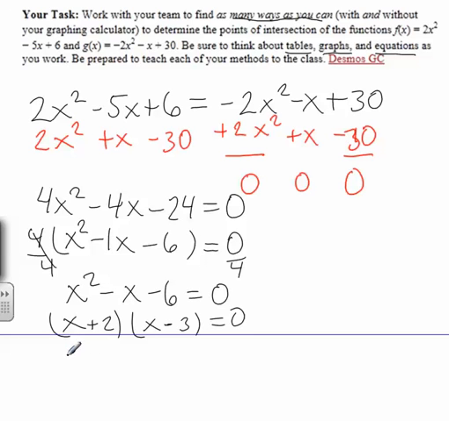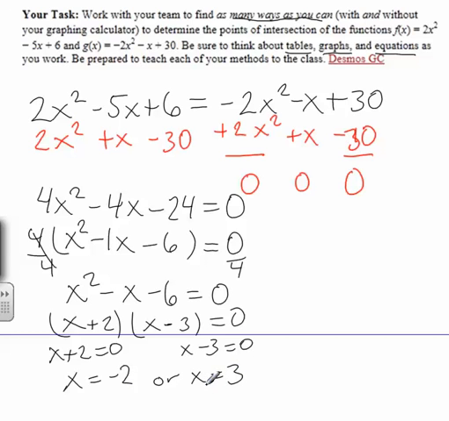According to the zero product property, either this factor is 0, so x is equal to negative 2, or this one is equal to 0. So those are the two possibilities for x.